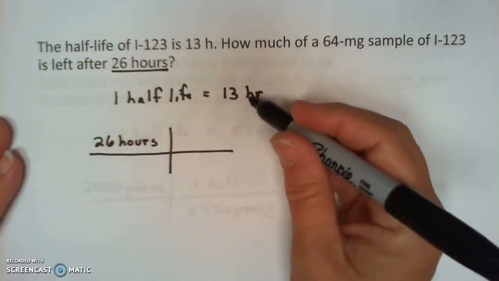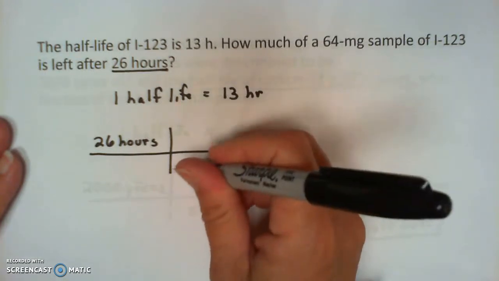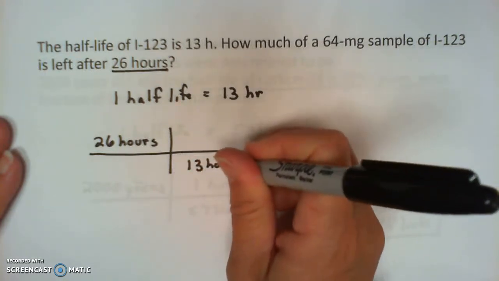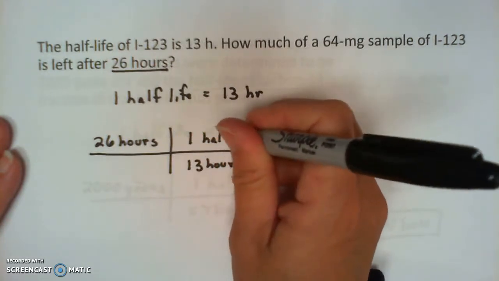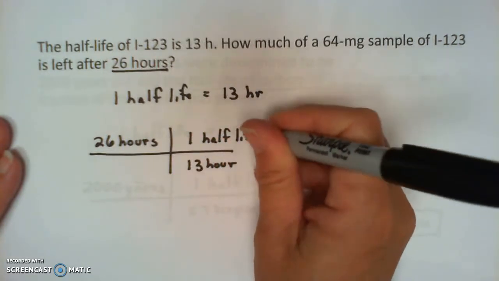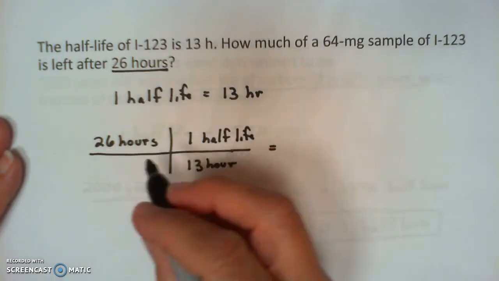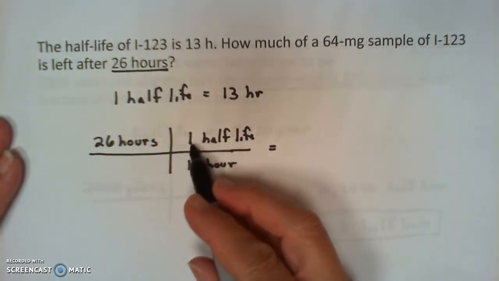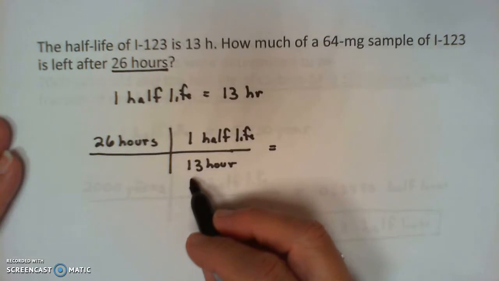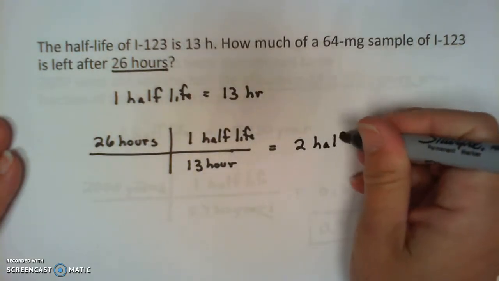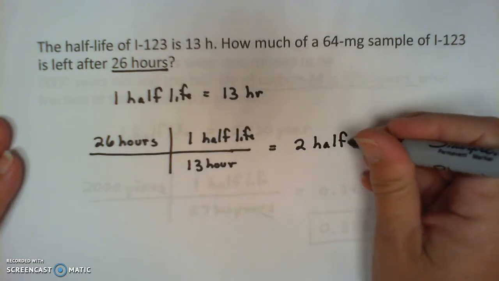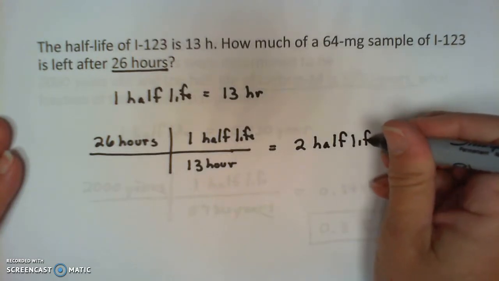We want hours to disappear, so let's put our 13 hours in the bottom and our one half-life in the top. If I take 26, multiply by 1, and divide by 13, I'll get 2 half-lives. So in the 26 hours, 2 half-lives passed.